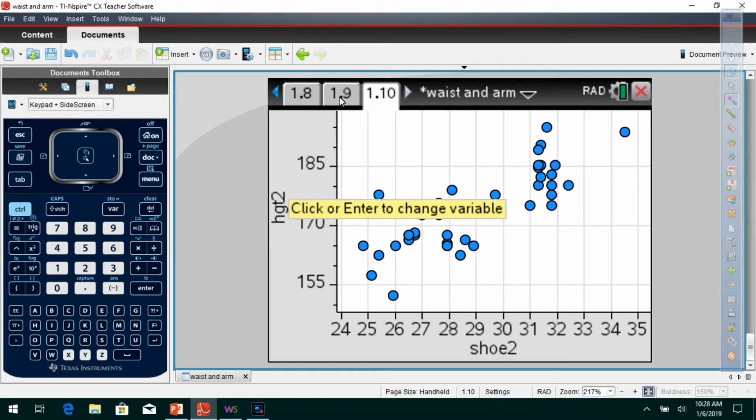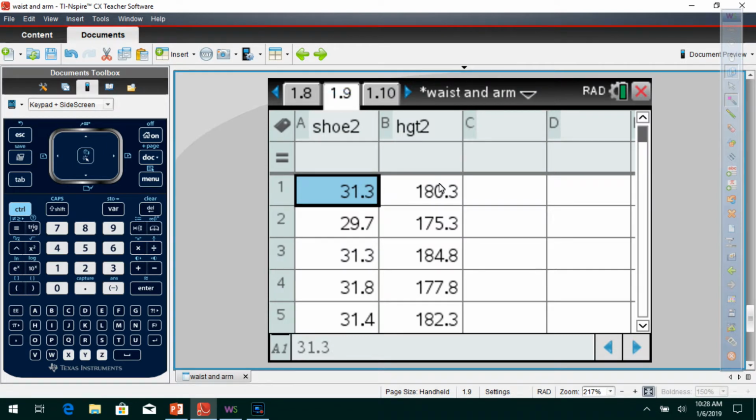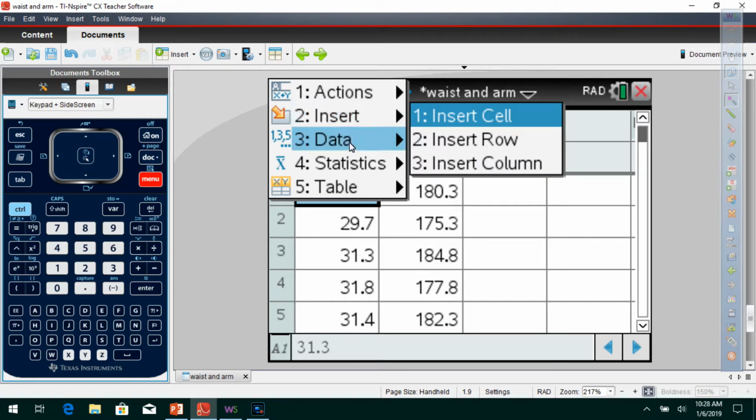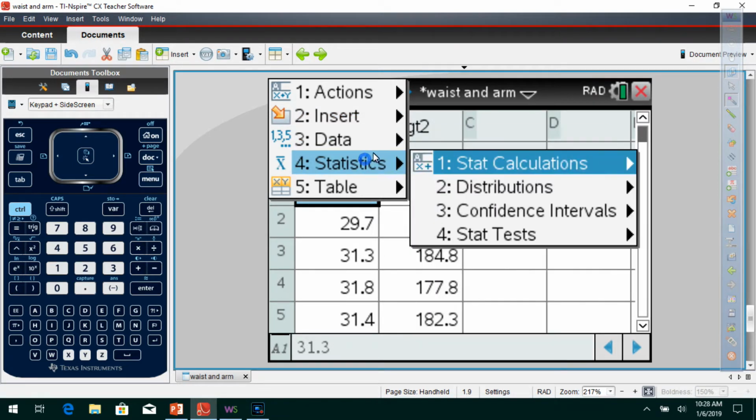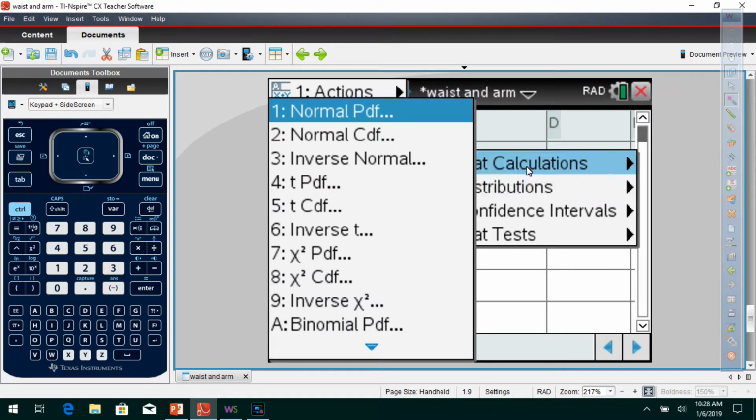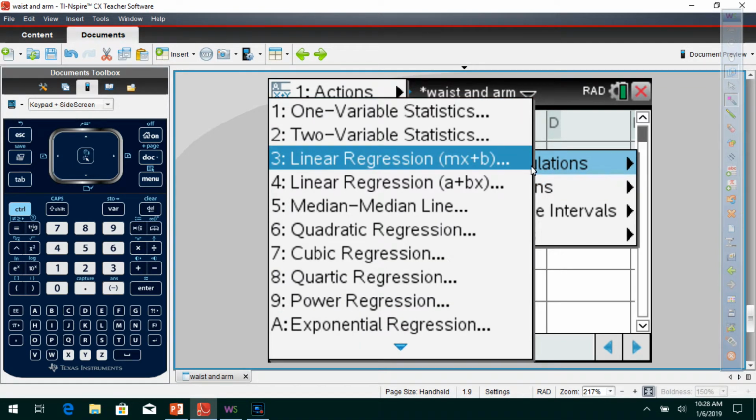All right. Well, I wonder what the R value is here. So let's see here. Menu, statistics, I meant stat calculation.